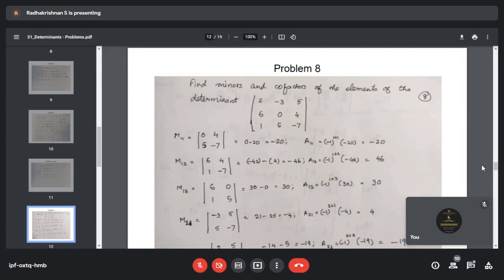So that is -12, right? That is your minor. So cofactor will also be positive. I mean +1 into whatever minor. So that means same as -12.